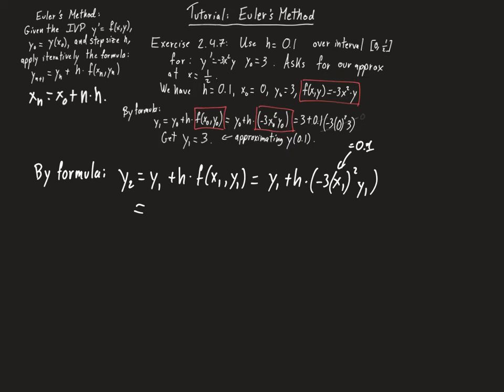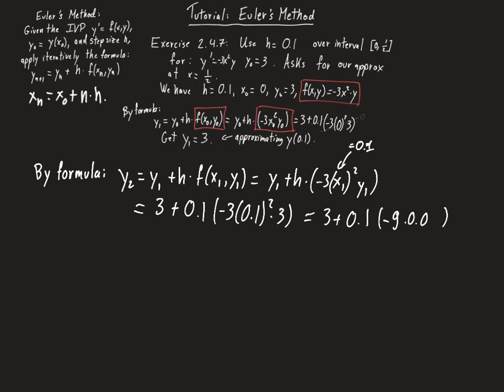Okay, plugging everything in, we get that y1 is equal to 3, h is still equal to 0.1, then this here is going to be negative 3 times 0.1 squared times y1, which is still 3. So this is equal to 3 plus 1/10 of negative 9 times 0.01.